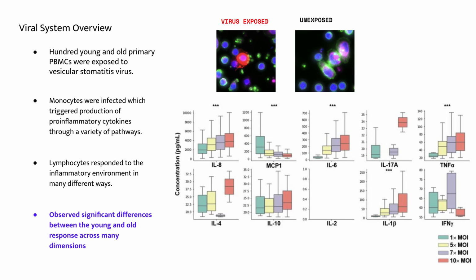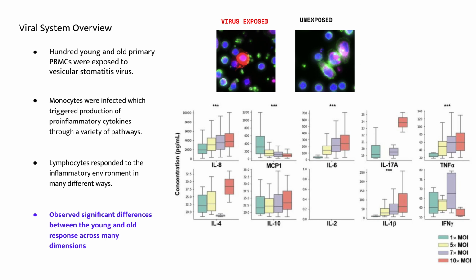We built a viral system using cell painting to understand how the old viral immune response is different from the young immune response. To do this, hundreds of young and old primary PBMCs were exposed to vesicular stomatitis virus.